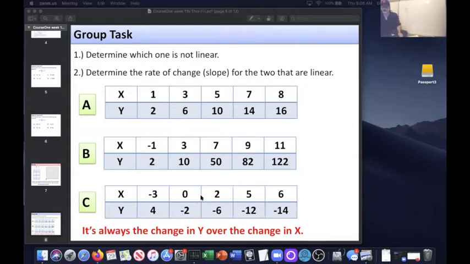Okay, it looks like now we did +2, but -4. Okay, so +2, -4. All right. And now we're doing +3, -6. All right, and then the last one, it looks like we went +1, -2.